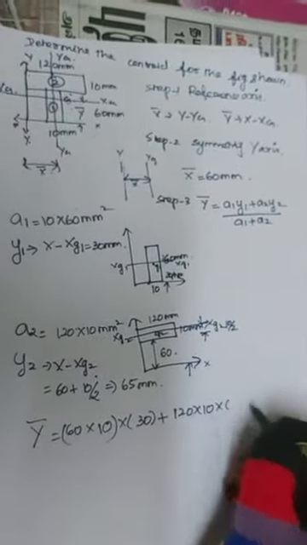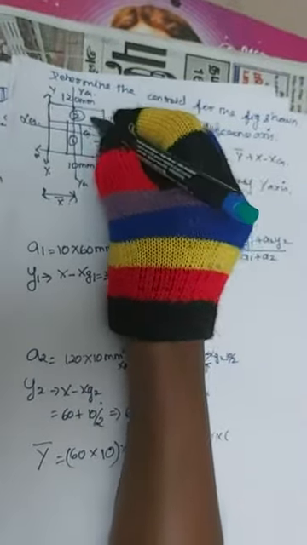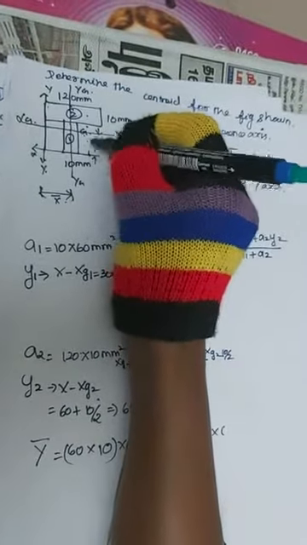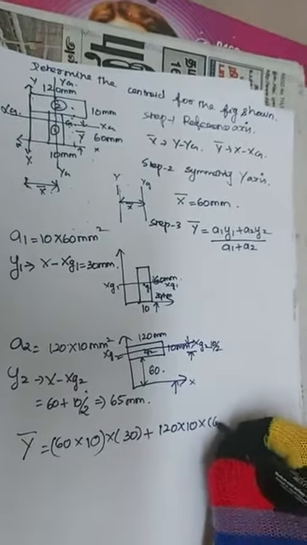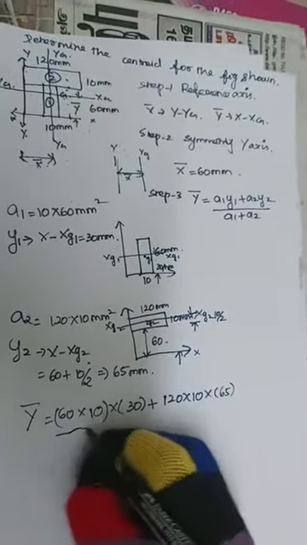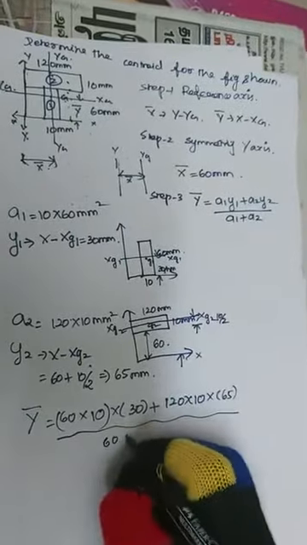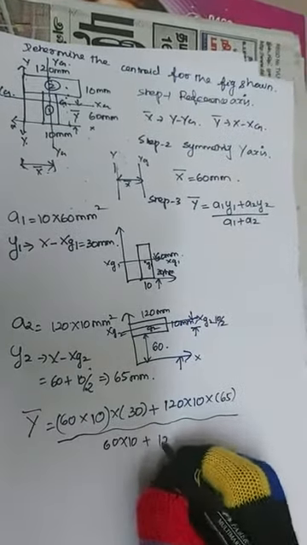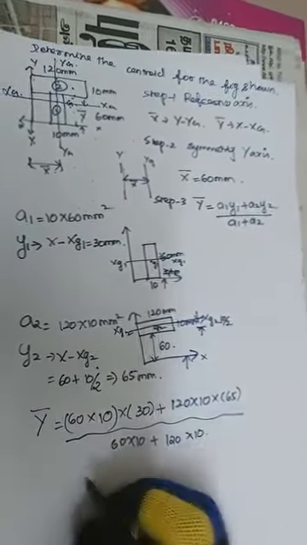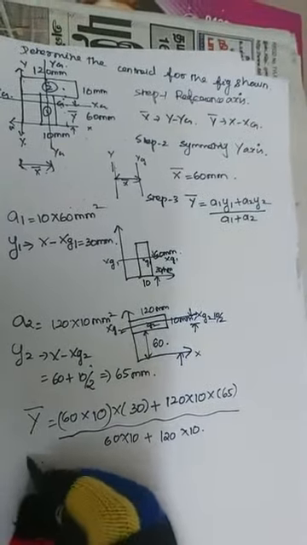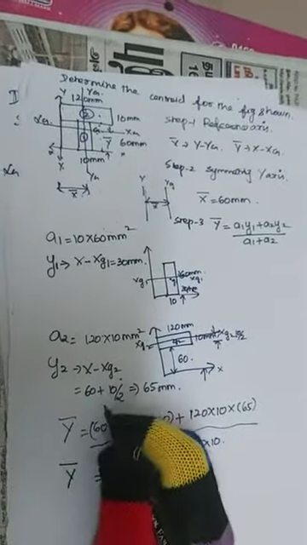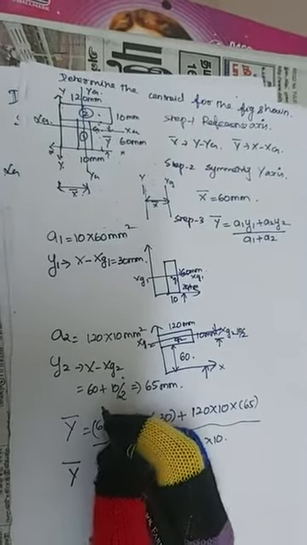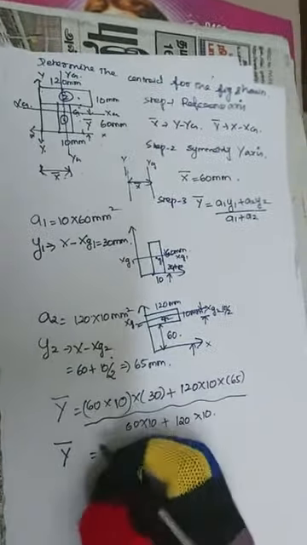What is y2? From here to here, the distance is 60 plus 10 by 2, 65. Divided by total area. Total area is 60 into 10 plus 120 into 10. That is equal to y bar. So y bar is about 53.33 mm.